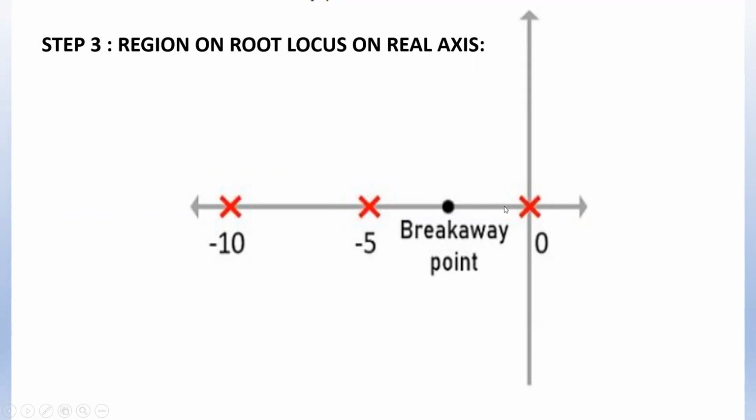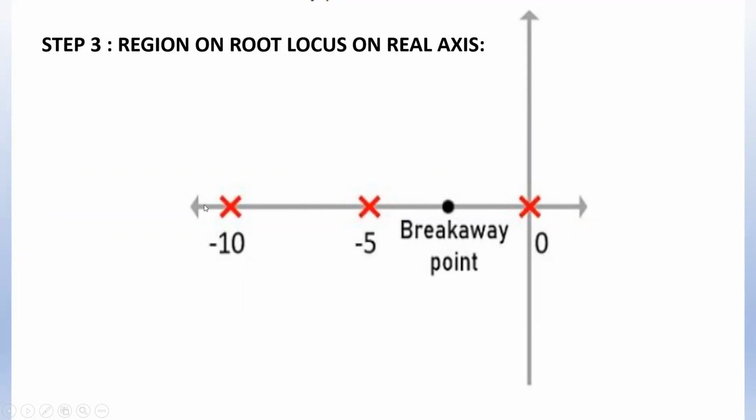So we can say that any point from this region to this region lies on the root locus. But if we take any point here, then we have two poles to the right of this point, which is an even number. So this region on the real axis does not lie on the root locus.